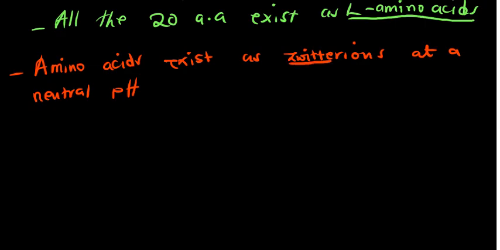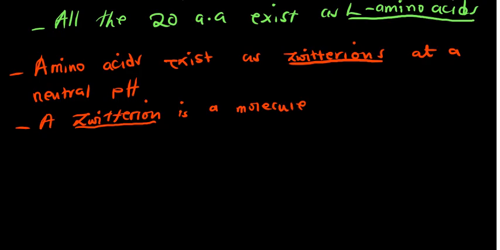So a Zwitter ion is a molecule that has a zero net charge. In this case, any amino acid that has got a zero net charge is called a Zwitter ion.